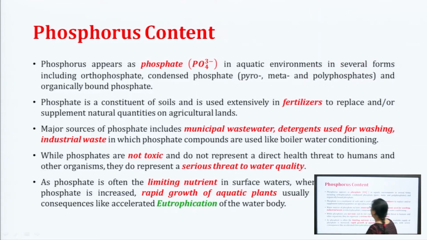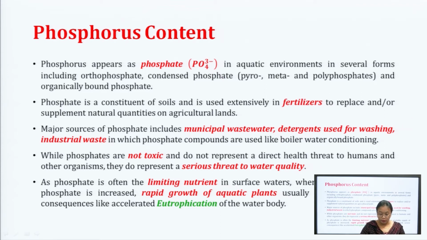So, let us read here once again. Phosphorus appears as phosphate in aquatic environments in several forms including orthophosphates, condensed phosphates and organically bound phosphates. Phosphate is a constituent of soil and is used extensively in fertilizers to replace or to supplement natural quantities on agricultural lands.